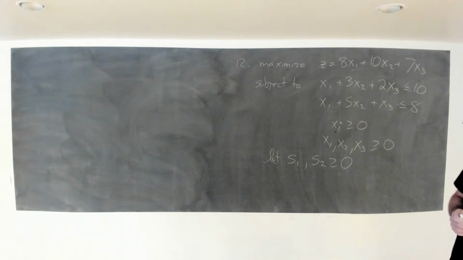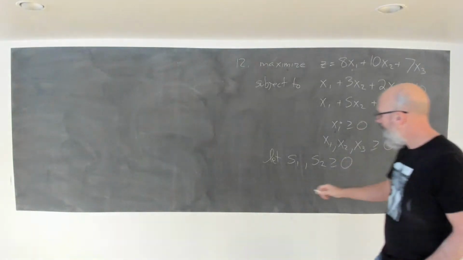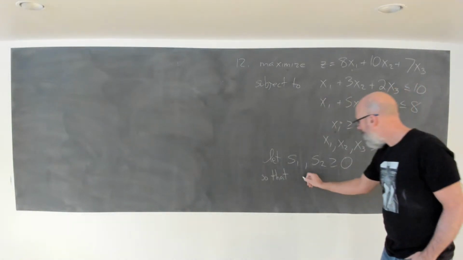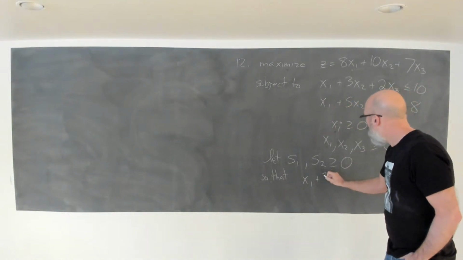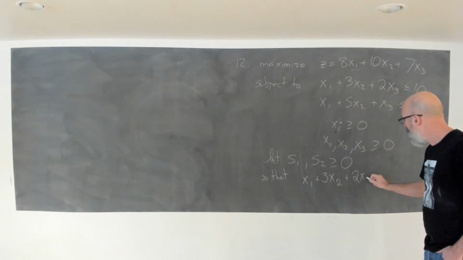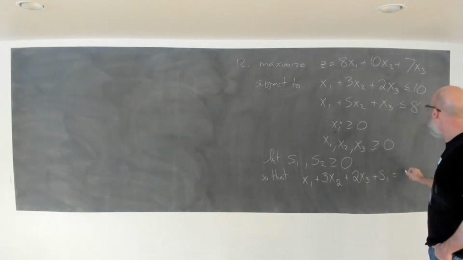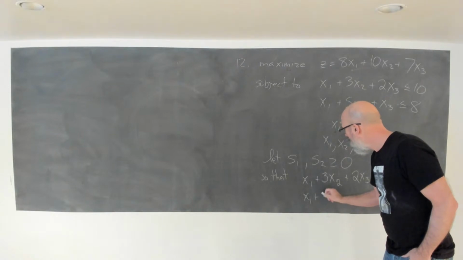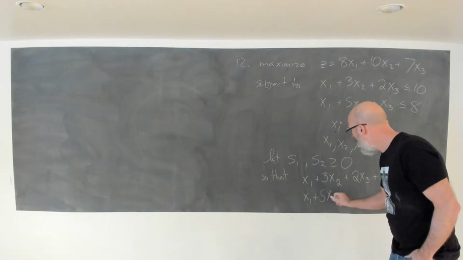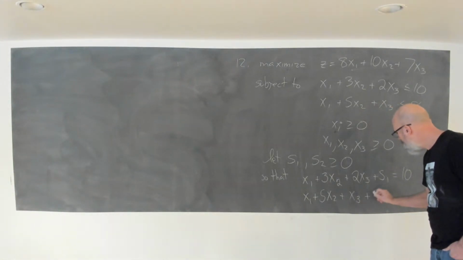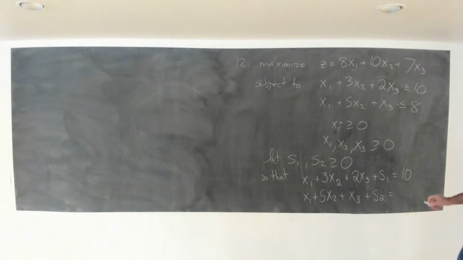Let S1 and S2 be greater than or equal to 0 such that your first inequality plus S1 is equal to 10, and the second plus S2 is equal to 8.